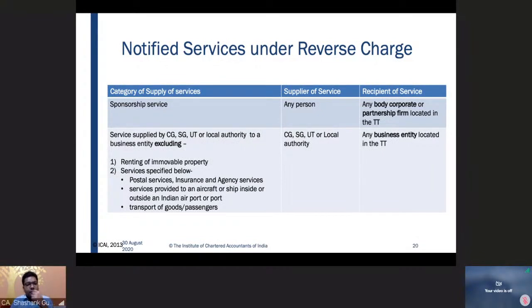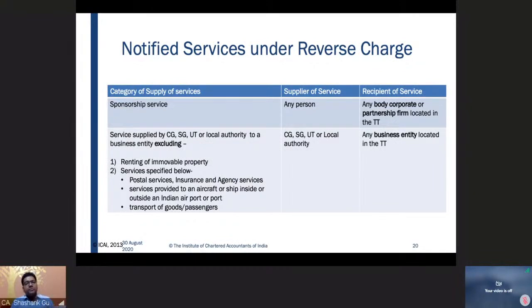So basically sponsorship is what you see on the vest of Virat Kohli, Oppo, Vivo, or any local Patanjali or whatever advertisement that they do on the bat of such an MRF. So this is known as sponsorship.